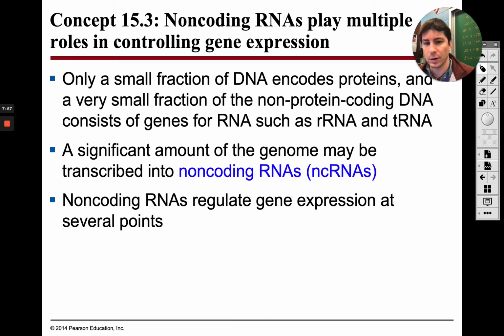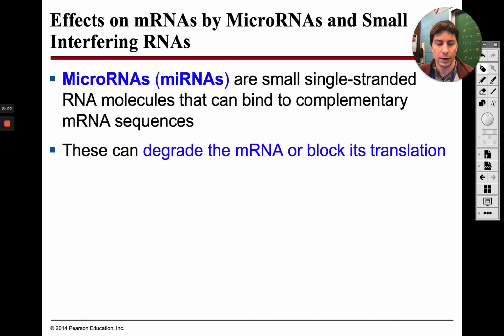So now we're going to go over some different non-coding RNAs. So far we had our introns, we had our exons, and we took our exons and we put them to our RNA, to our ribosome, and then it got translated into a protein. Now we're going to go over the different regions of RNA that aren't going to be used to make amino acids, and these are called non-coding RNAs.